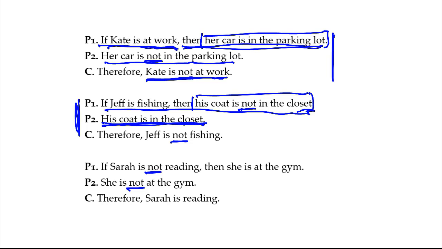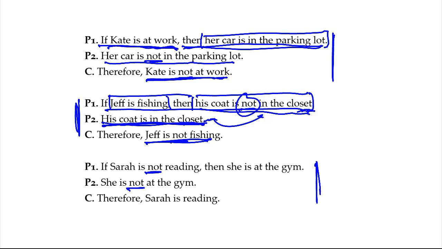This premise says it is, so even though the not is here and not in this premise down here, this premise is still the denial of this one. All right, so given that the consequent has been denied, we can put as our conclusion the denial of the antecedent. The antecedent is Jeff is fishing, so our conclusion is Jeff is not fishing.